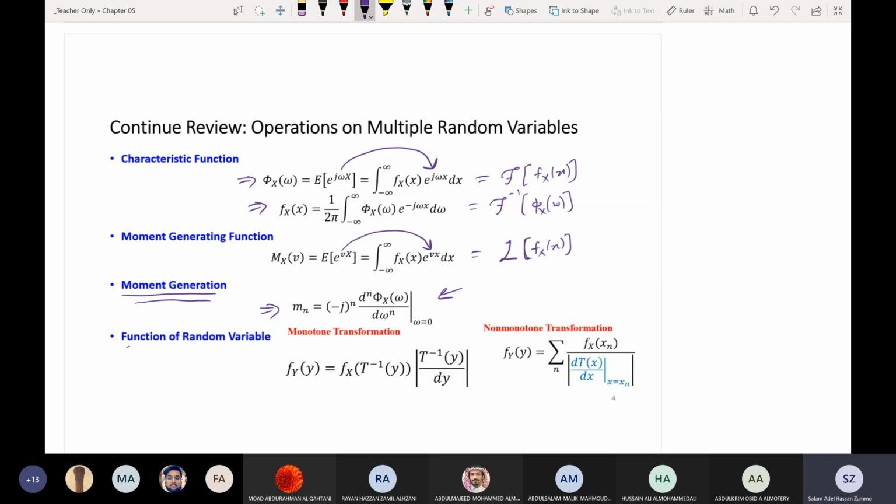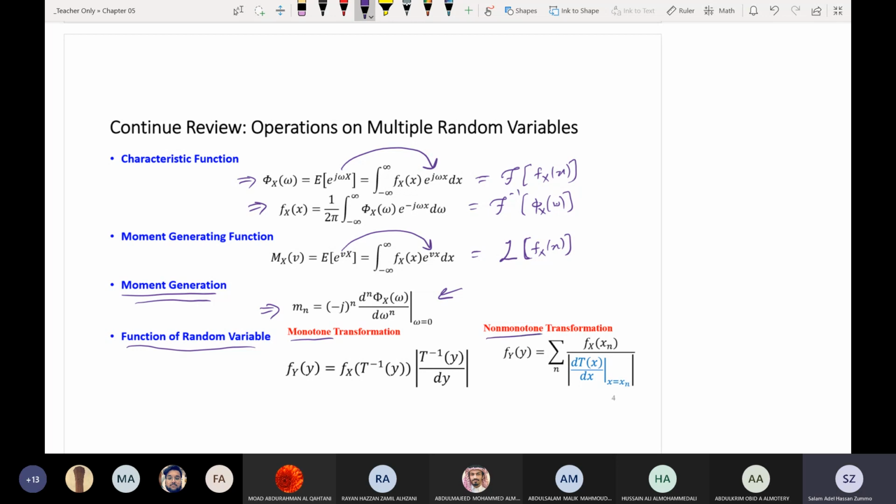And when we have a function of a single random variable, we have put it in two different forms. The form when the transformation is monotonic. Monotonic means either it increases or decreases all the way. Or when it is non-monotonic. Non-monotonic is the most general case.